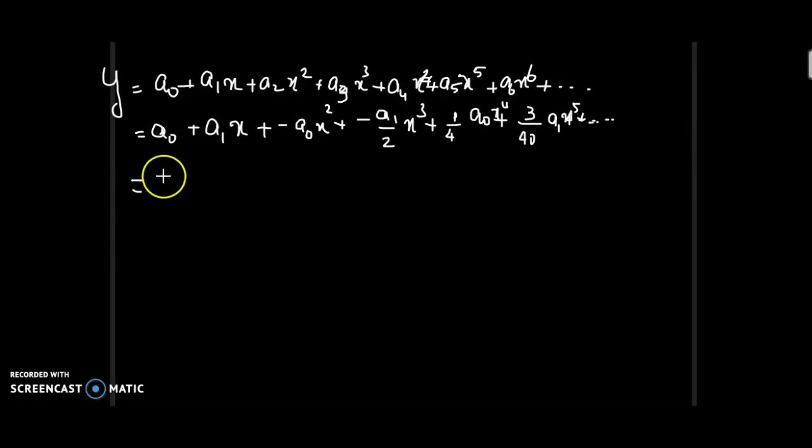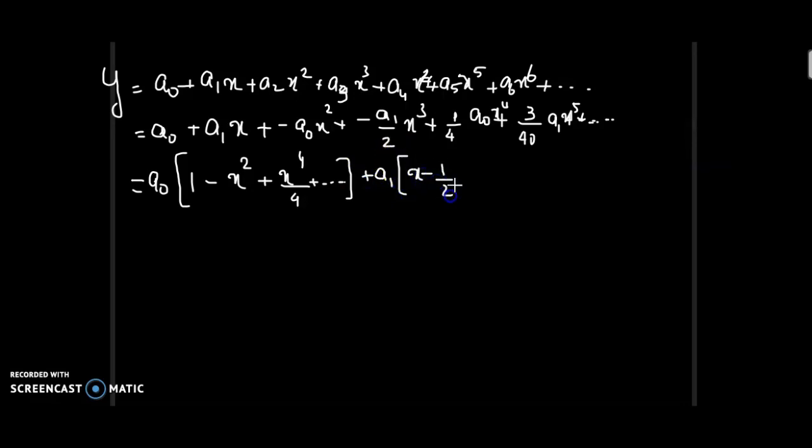Now what I am going to do is combine all my a0s. So a0 into 1 minus x square, then x raised to 4 by 4, plus etc. Now I am going to combine my a1s. a1 into x minus 1 by 2 x cube plus 3 by 40 x raised to 5 and so on.